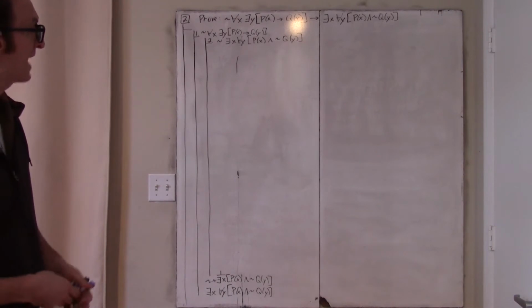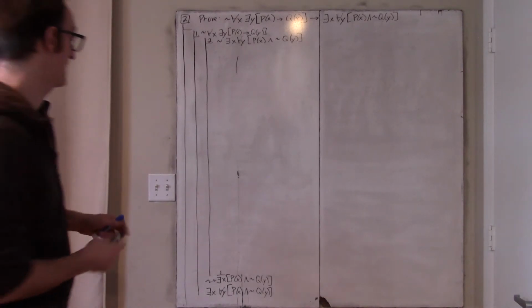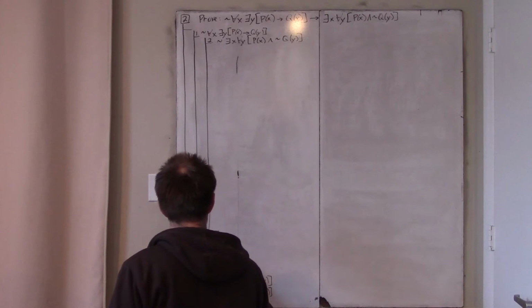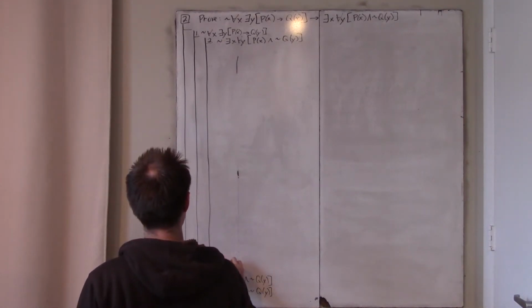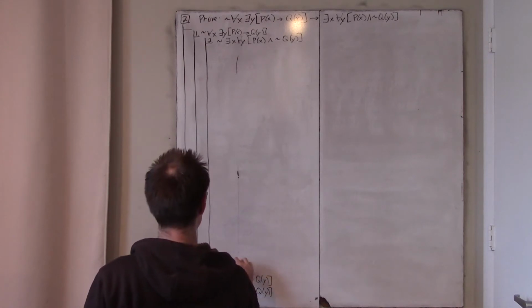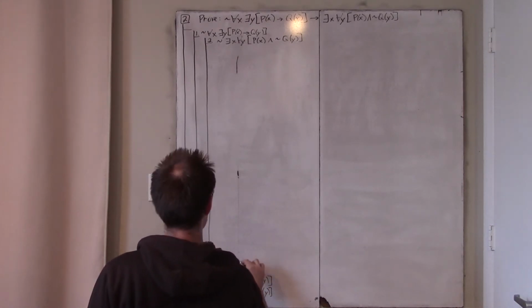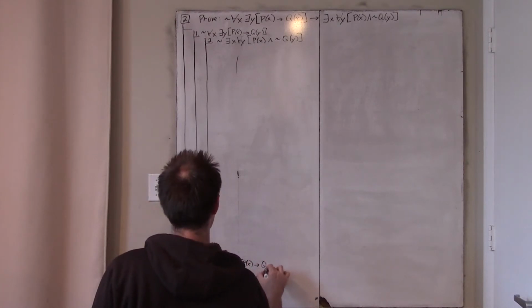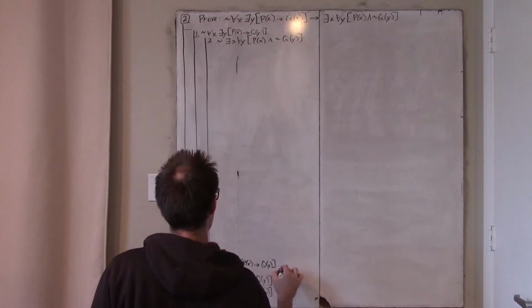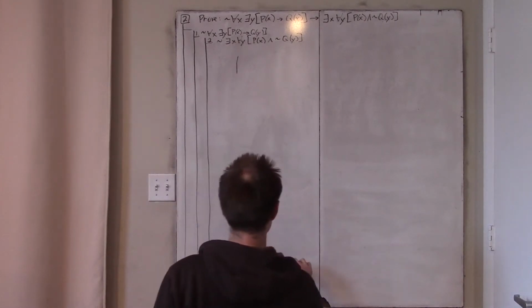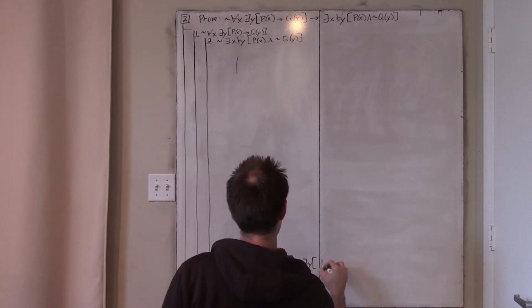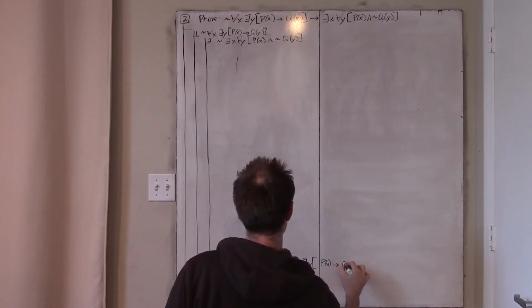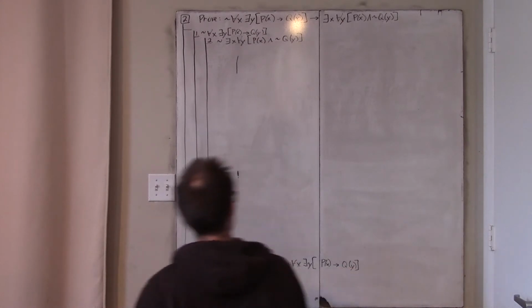So the contradiction is going to be: for all x, there exists a y such that p of x arrow q of y, and the negation of that, in other words, line 1. So not for all x, there exists a y, p of x implies q of y.